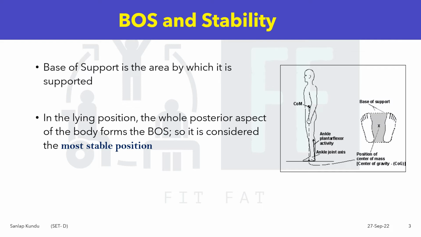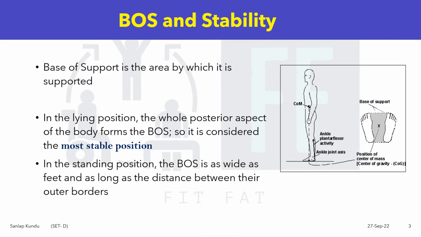Now from the figure you can see, in the straight standing position, the base of support is as wide as the feet and as long as the distance between their outer borders. So suppose this is a person who is standing, the base of support for this person is as wide as the feet and as long as the distance between their outer borders. So it is very small while the person is standing.